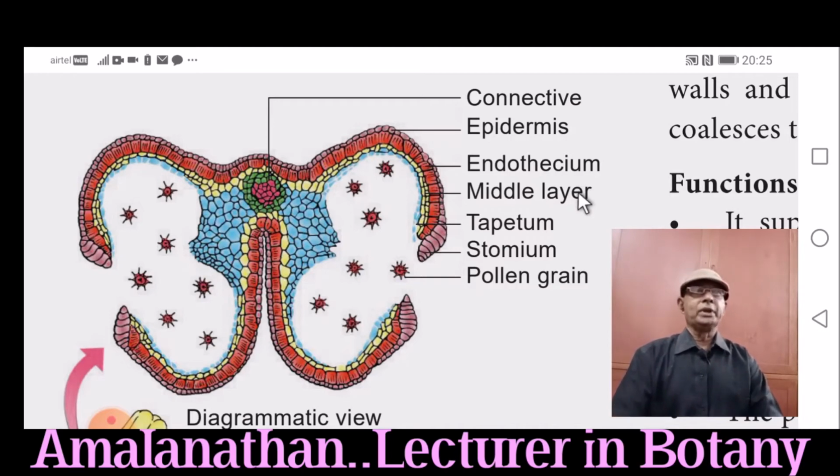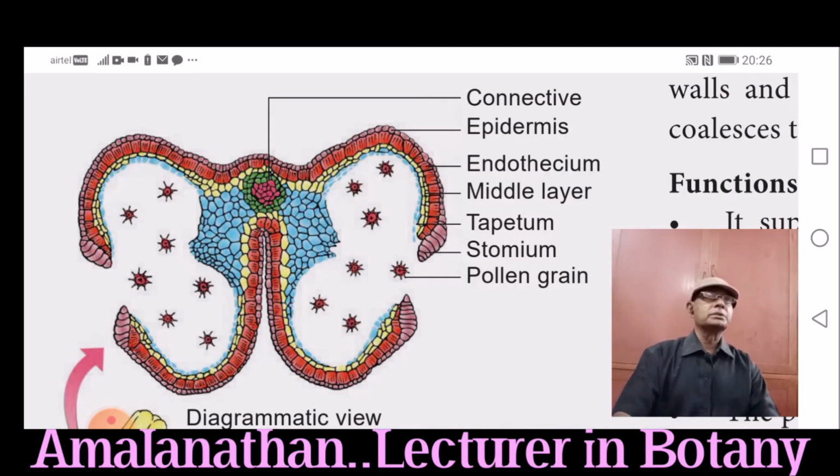The cells of the tapetum contain one nucleus or more than one nucleus, and the nucleus may be polyploid. Polyploid means that contain more than one set of chromosomes. When any cell contains more than one set of chromosomes, that is called polyploid. Here also in the tapetum, the nucleus may become polyploid.